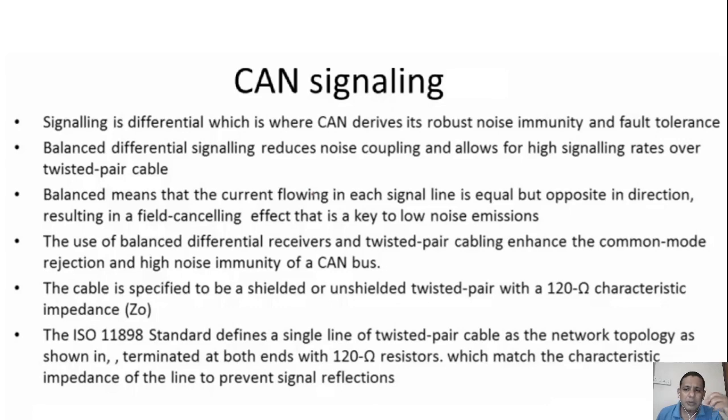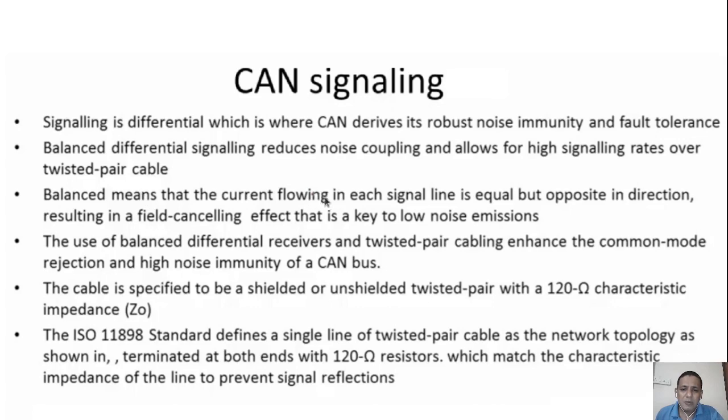Balanced differential signaling reduces noise coupling and allows high signal rates over twisted pair cable. That is, by using balanced signaling, we can reduce the noise effect in the twisted pair cable.